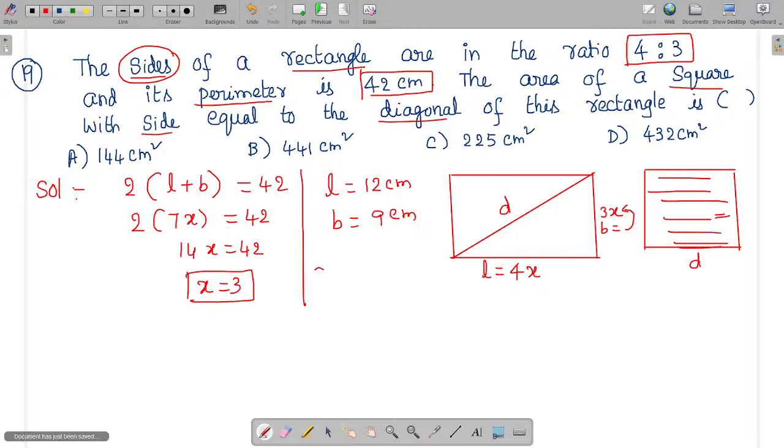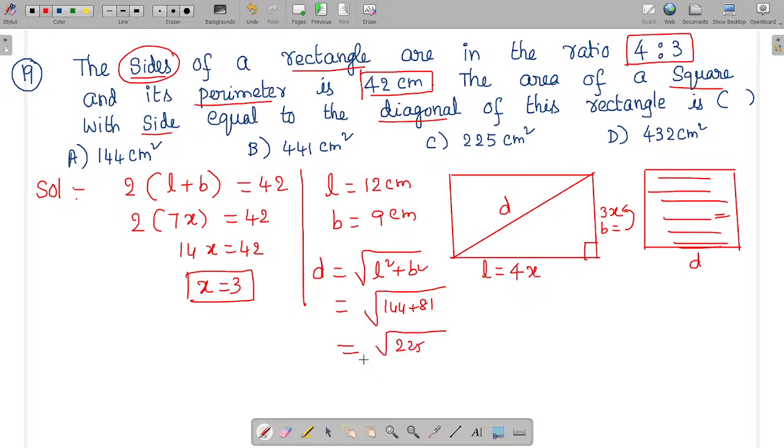Now the diagonal is given by the root of L square plus B square using the Pythagoras theorem, because it's a right angle triangle. L square plus B square is equal to D square. D is equal to root of L square plus B square. Diagonal is equal to root of 144 plus 81, that is square root of 225, which is 15 centimeters.